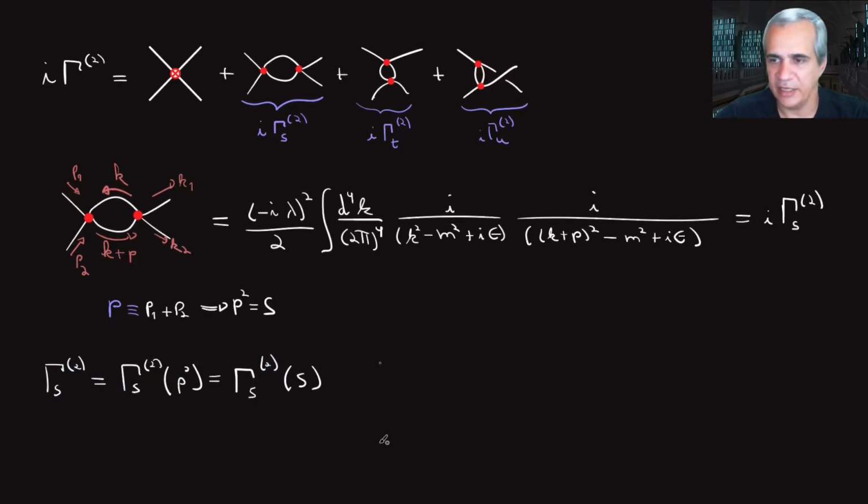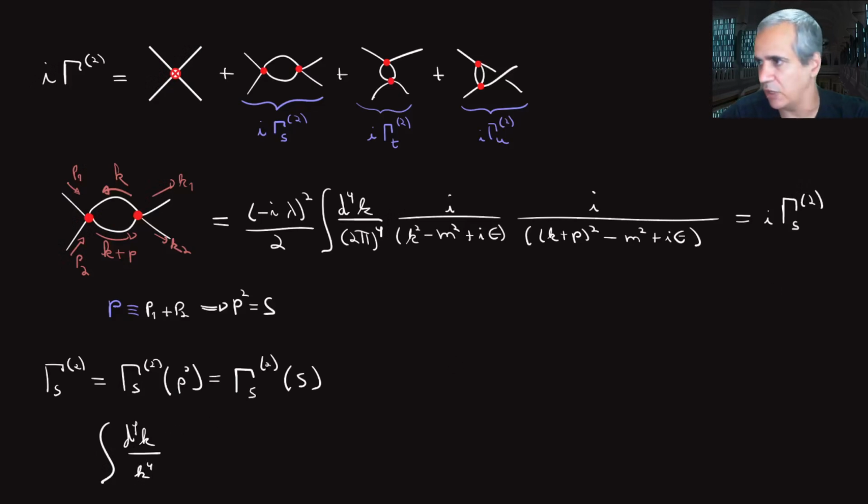Again, I can take a look at powers of momentum in the numerator versus denominator, right? And I have something that is d4k in the numerator, nothing else. And in the denominator, I have something like k to the square here and k to the square here and k to the square there. So its total is like a k to the fourth, right?